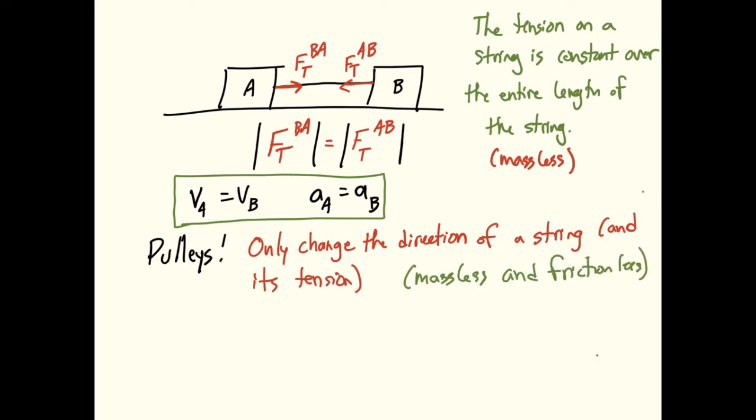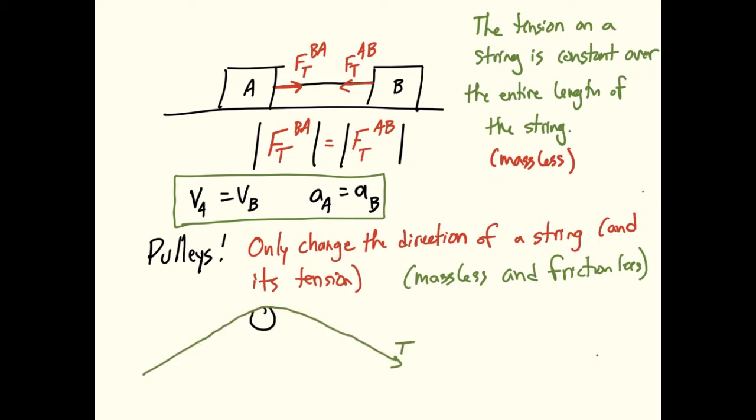That's because if you had a massive or frictional pulley, it means that when you pull on one side of the tension, the pulley might not start moving immediately. You might need to pull with a certain amount of force to get the pulley moving, and that might violate this condition up here of the tension being constant over the length of the string for massless strings.